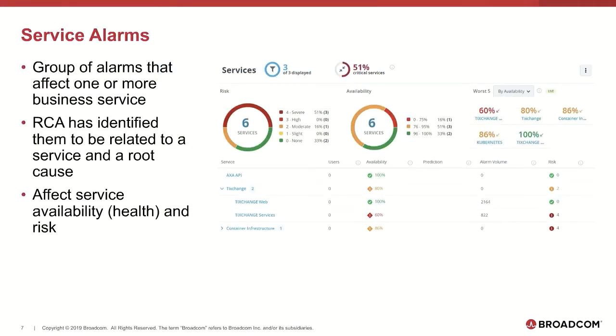Service alarms, like I mentioned, are related to a business service and the devices, entities and applications underlying that business service. So using what we call the topology of these devices and applications, we group the alarms incoming from the monitoring tools monitoring the different devices and applications in that business service. But we don't just do that. We don't just group.